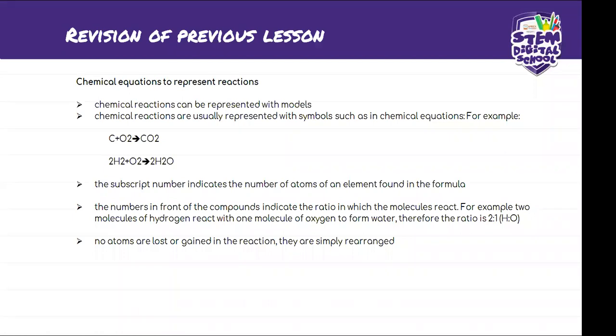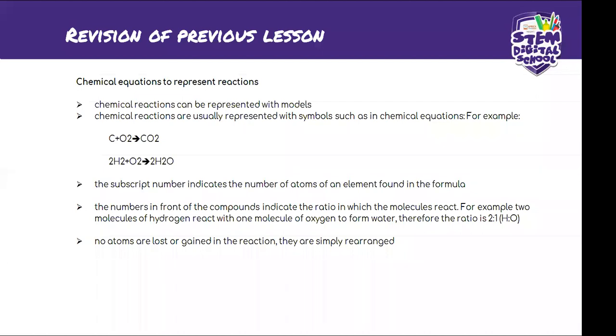So yesterday we were looking at using chemical equations to represent reactions. We said chemical reactions can be represented with models, and are usually represented with symbols, pictures, and formulae.